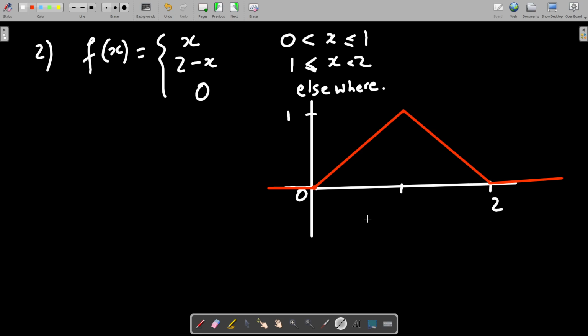So this is how the graph of this function will look like. Clear? It will look somewhat like this. So now I want to integrate here.